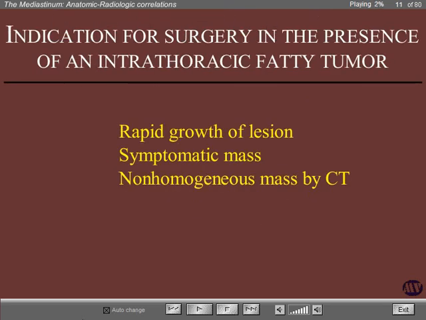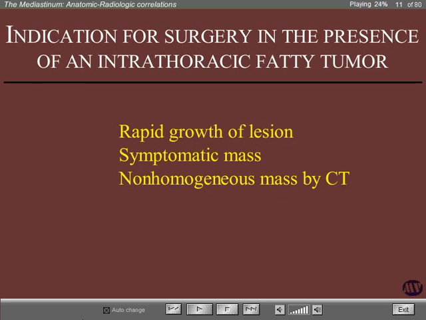If the frequency of liposarcoma above the diaphragm is so low, and again from 2 series we saw 8 out of 300 liposarcomas occurring in the mediastinum, what is the point in removing possibly benign fatty masses in the mediastinum?